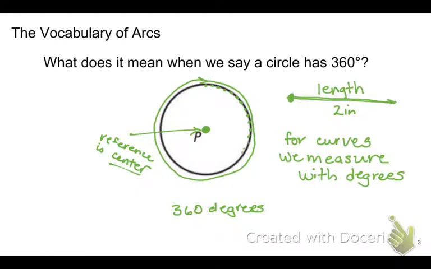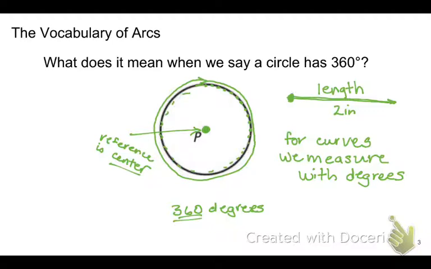So there's 360 of these little dots. That's the standard. Years ago they could have divided it up into 50 pieces, or they could have divided it up into 1,000, but they chose 360. There are a lot of reasons for that, but we won't go into it, and it's something that you'll learn when you get up into upper mathematics.